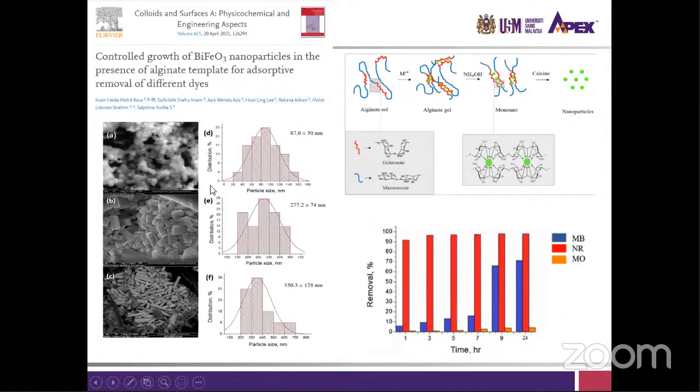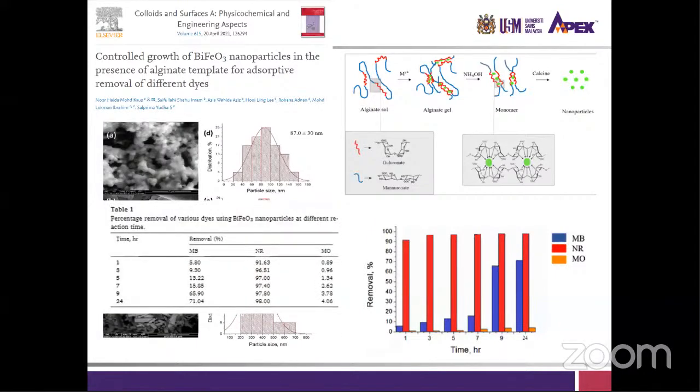But from this you can see there will be several particle sizes that you can get by controlling the basic parameters that I already showed you previously. And then there's the percentage removal of the various dyes as well.